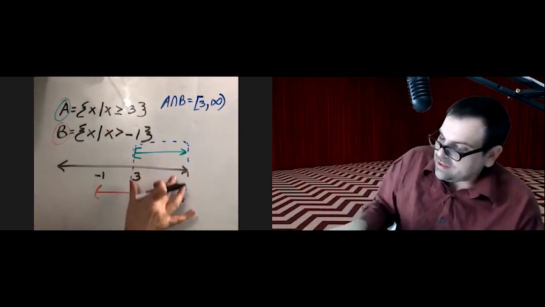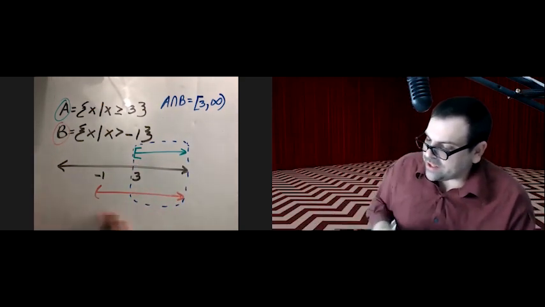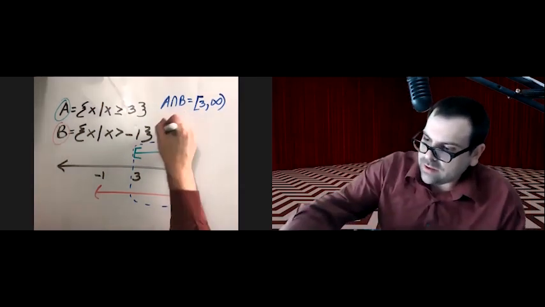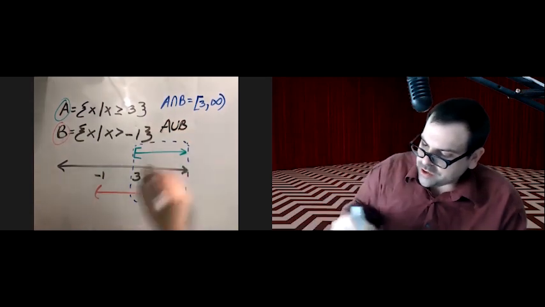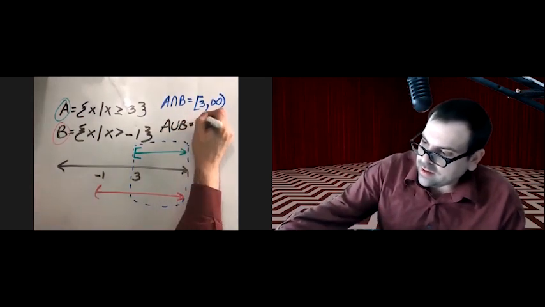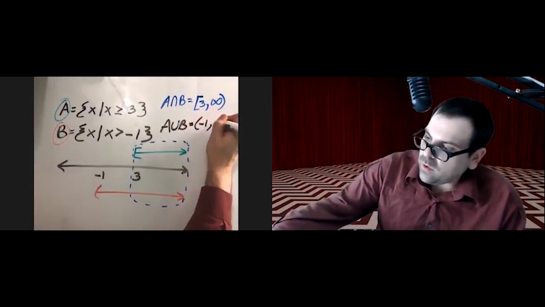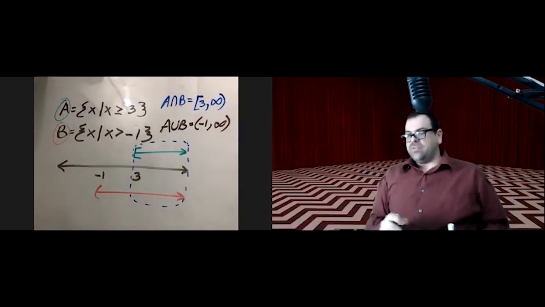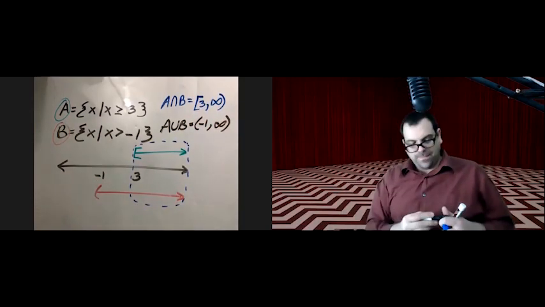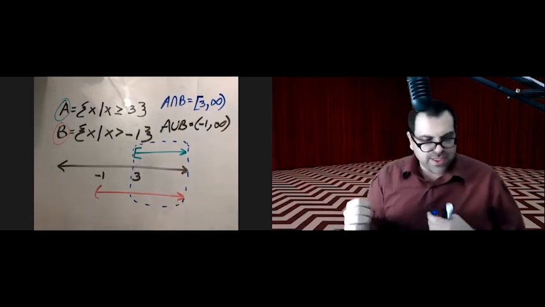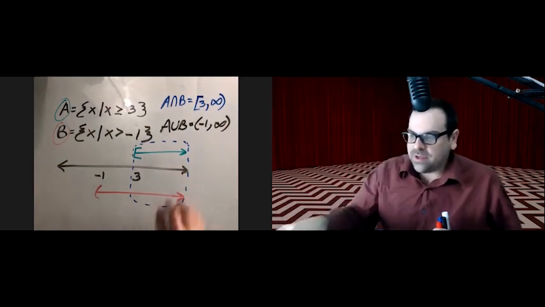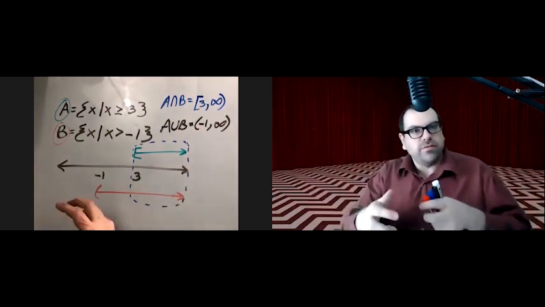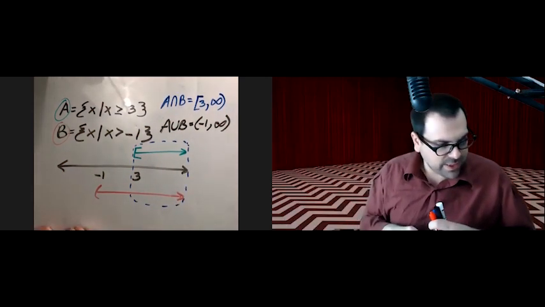This piece is included here, so all of it is just the same as the red one. A union B is just going to be from negative 1 to infinity. The intersection is the overlap, where it overlaps. The union is everything from both jammed together.